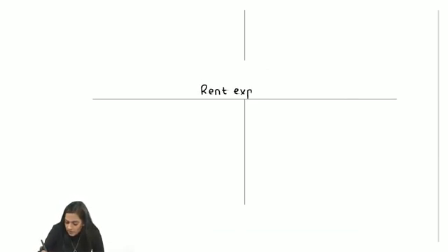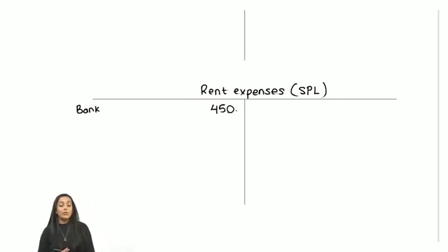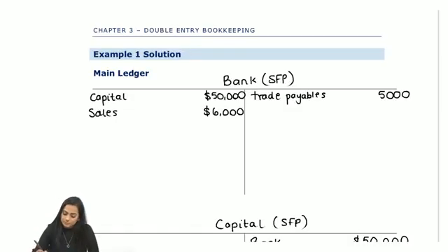Expenses appear on the SPL. Okay, so on the debit side you have bank, what was it, $450? Okay, and then on the credit side of bank you write rent, $450. There you go, well done.